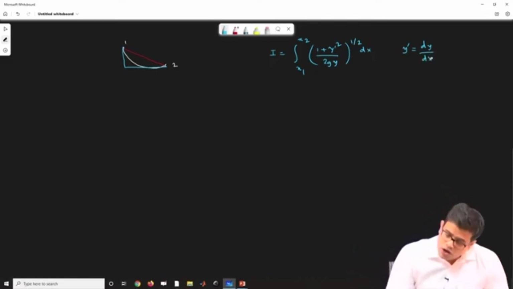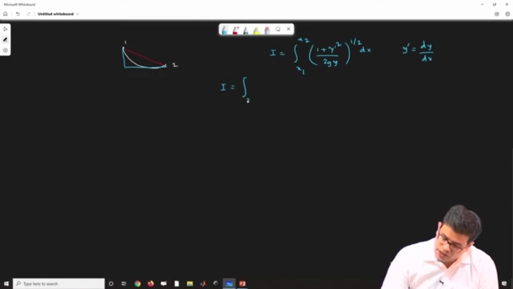Right now, instead of choosing this, what we did essentially, we wrote a functional of this form, that is integral x1 to x2 f of x, y, y prime dx.